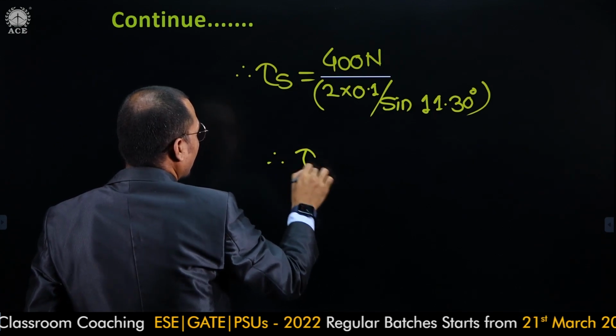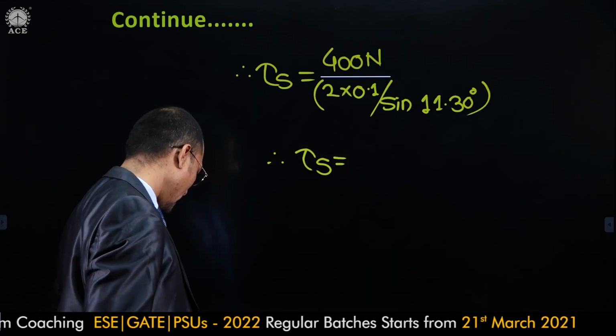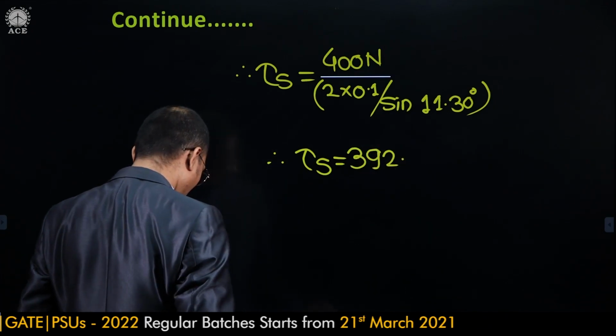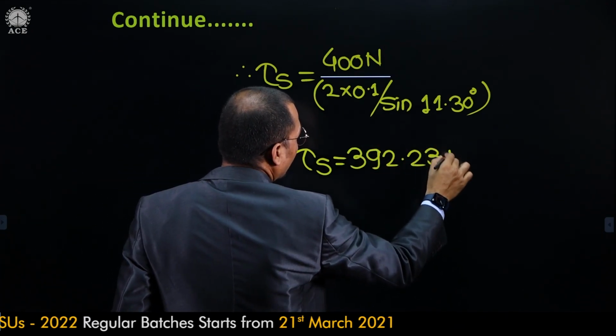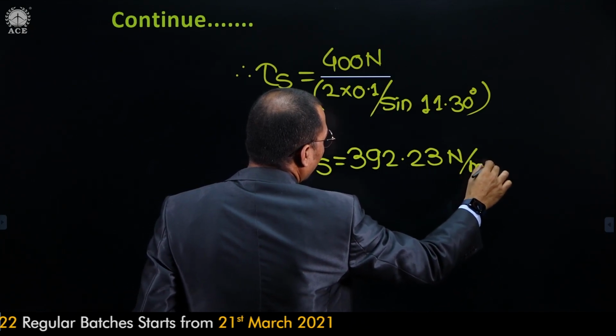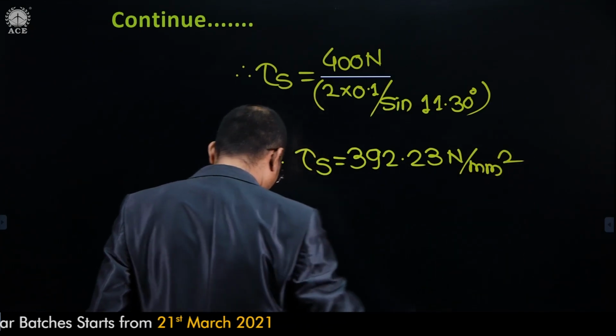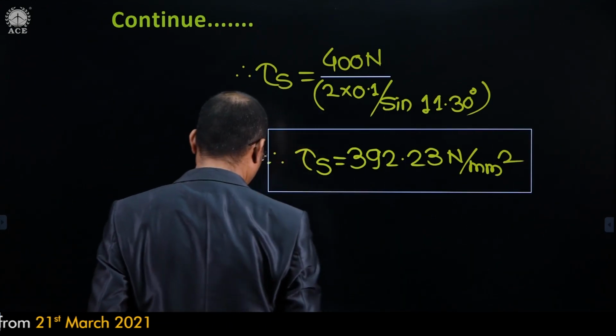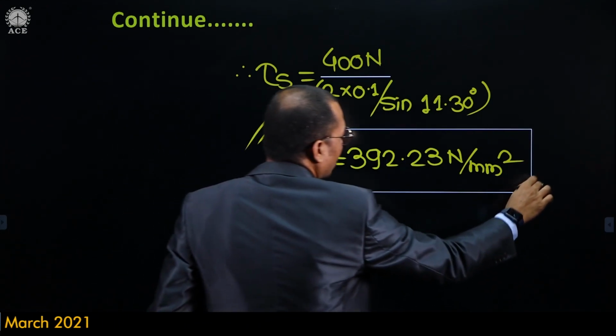Therefore, shear stress tau s is coming 392.23 Newton per millimeter square. This is exactly the final answer.